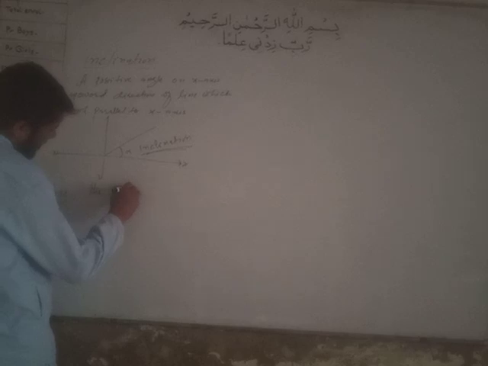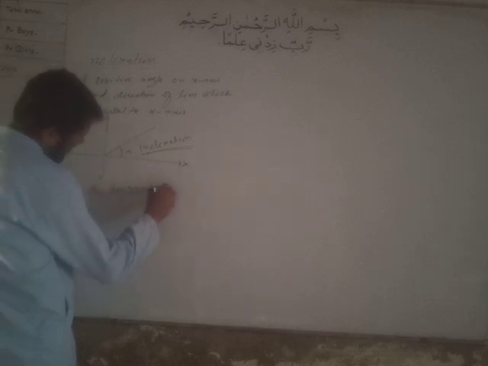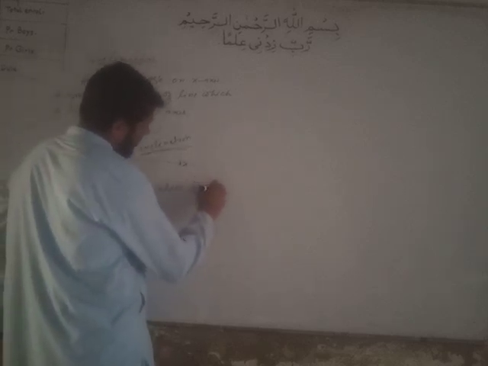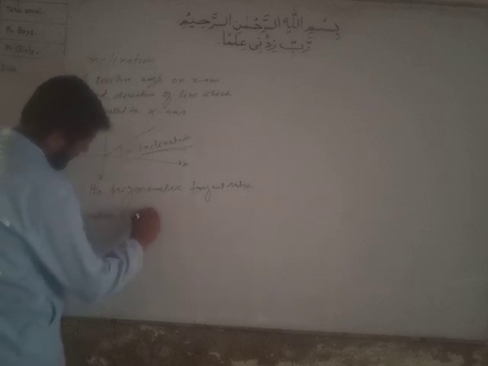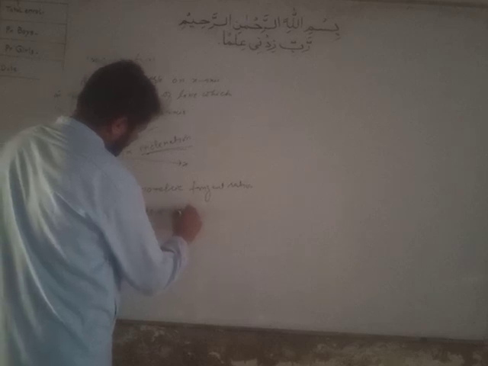And slope: the trigonometric tangent ratio of inclination is called slope.